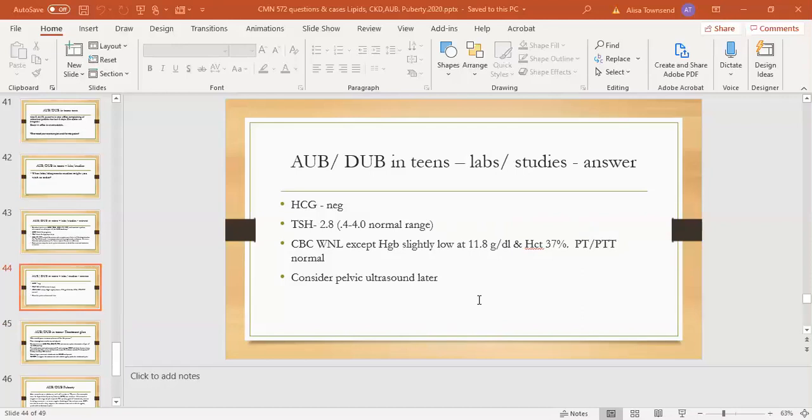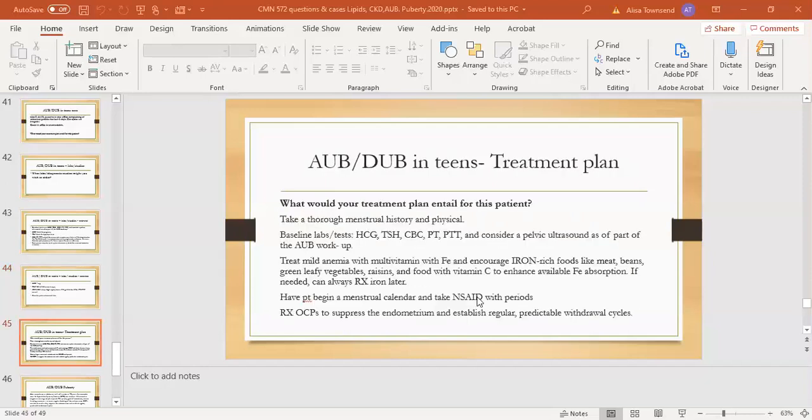CBC was within normal limits, except for slightly low. And so she might be a little anemic, nothing real exciting there with her. So you could always consider an ultrasound later.